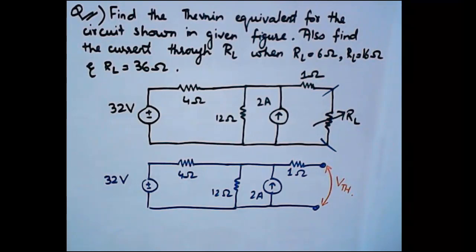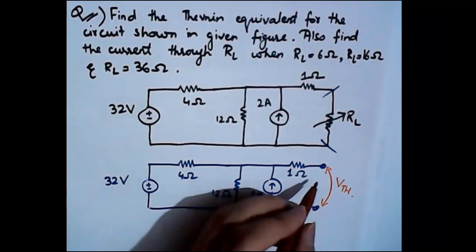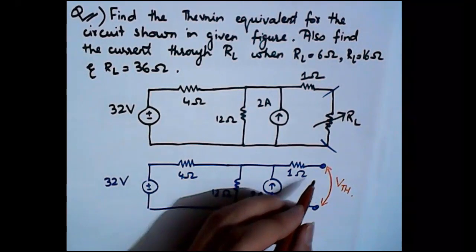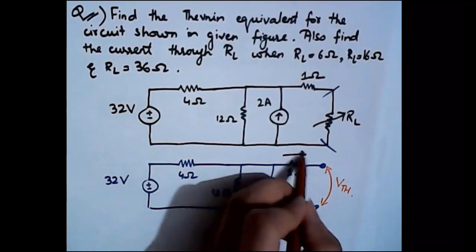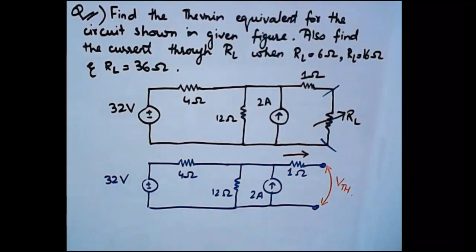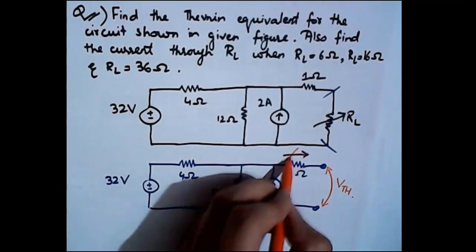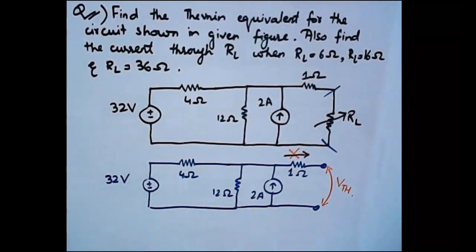So now one thing we need to understand is that when these terminals are open circuited, there will be no current through the 1 ohm resistance, right?